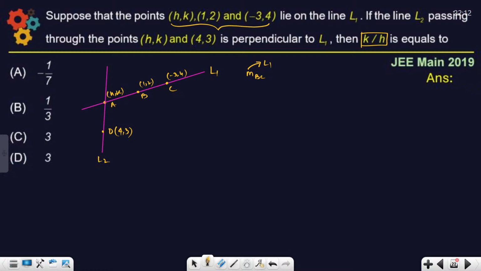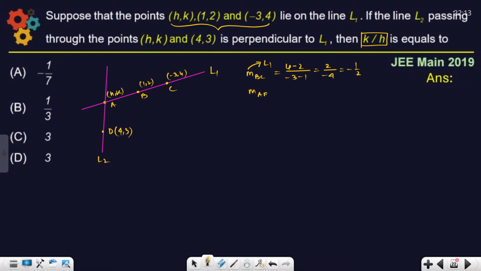The slope of the line L1. Taking the points B and C, we are using 2-point form to find out the slope of the line L1, so it's coming like minus half, right?